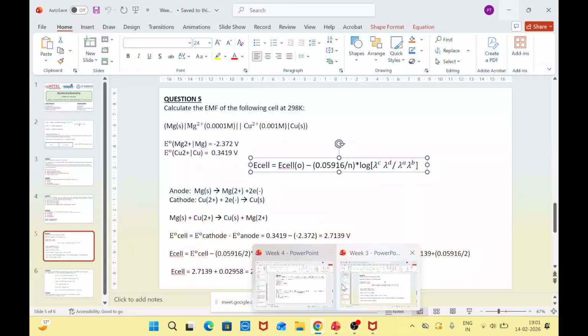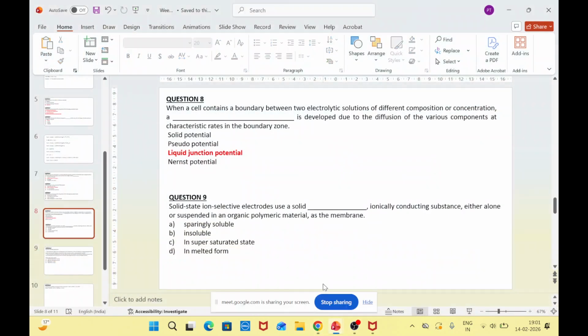D. It's in melted form. What about supersaturated, soluble or insoluble? Why melted form as the answer? Any kind of reasoning why?